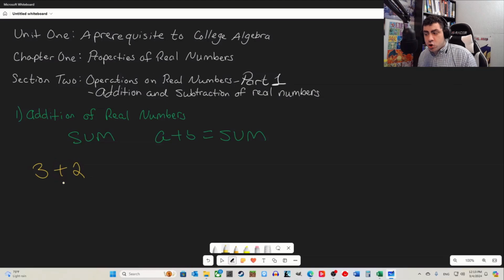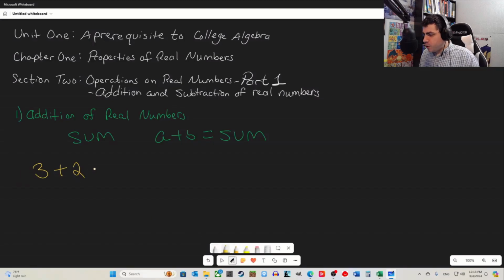We know this 2 is positive because there's a plus sign in front of it. And it needs a sign, because if we don't have the sign there, we may mistake this for 3 times 2, or we may mistake it for 32. So you have to have a sign right there to identify that this 2 is positive. But this 3 doesn't require a sign if it's positive, because there's nothing in front of it.